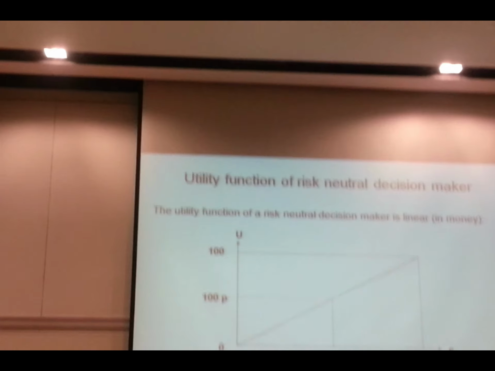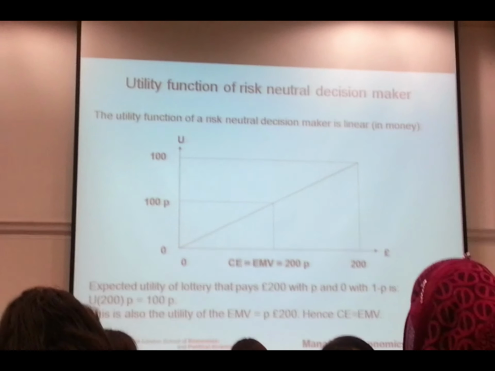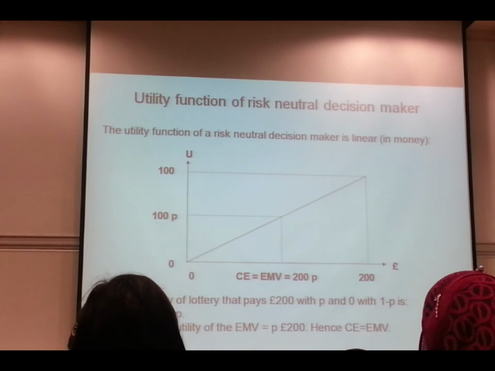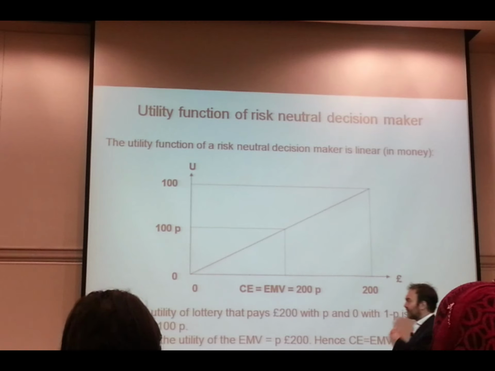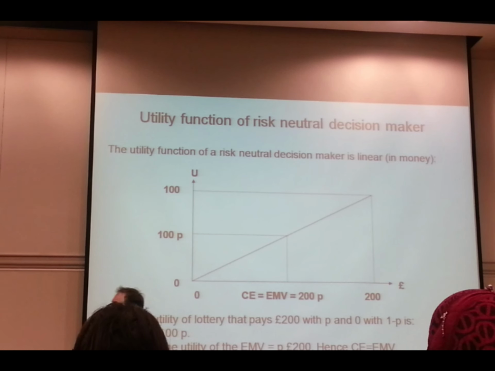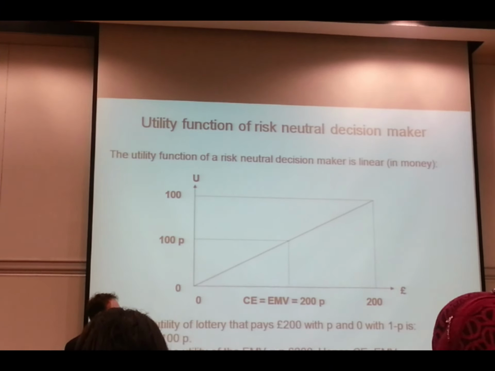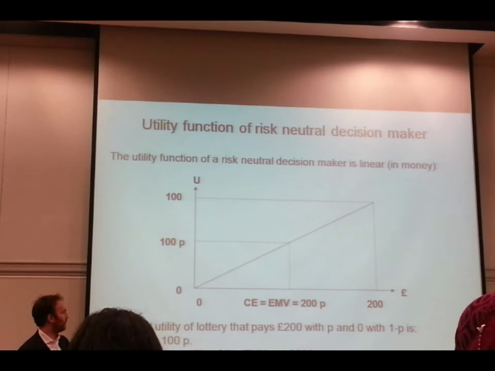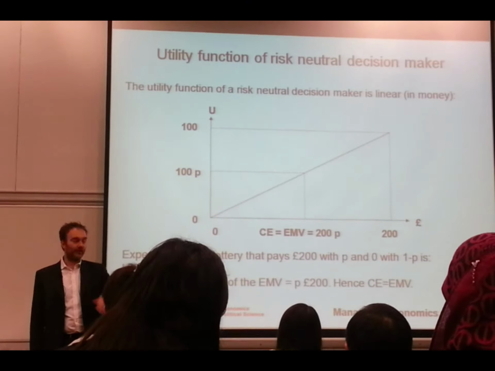The utility function of a risk neutral decision maker is linear. What does that mean? It means that the expected utility of a lottery that pays out 200 pounds with a probability P and 0 with a probability of 1 minus P is equal to the utility of 200 times P. Because if we lose, we get 0 utility.